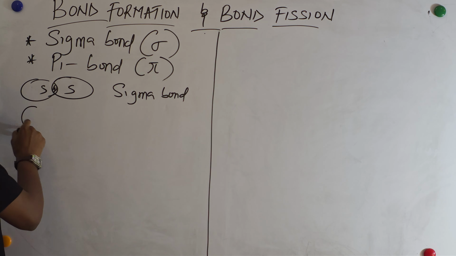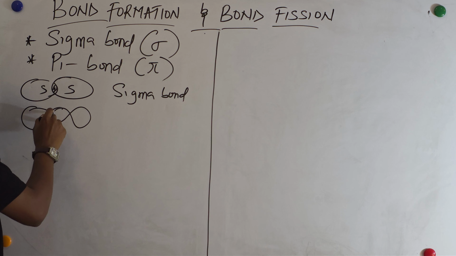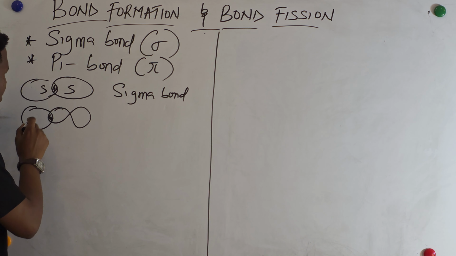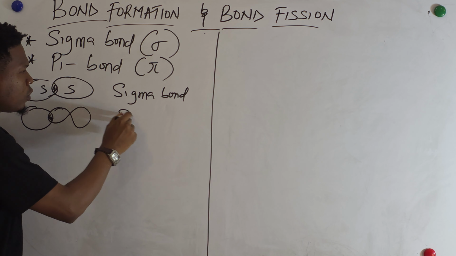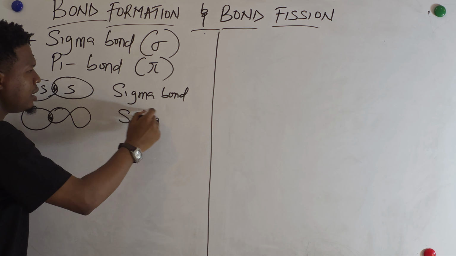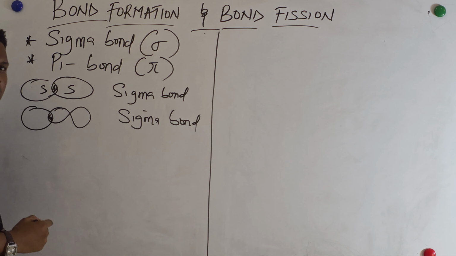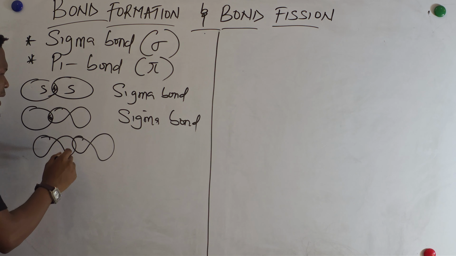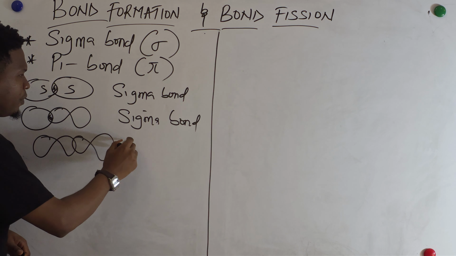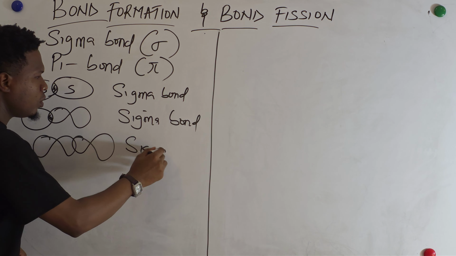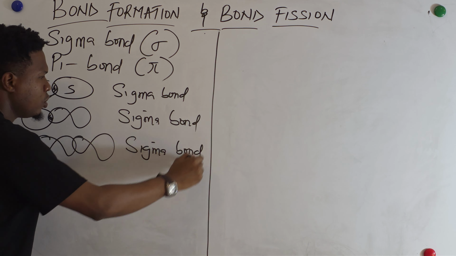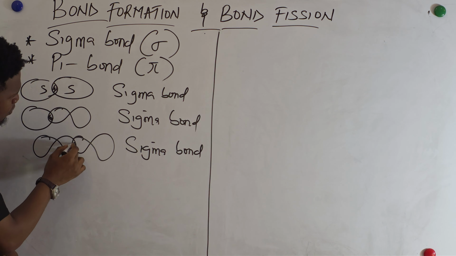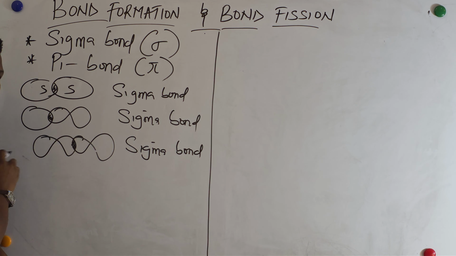Okay, so also when this s orbital overlaps with a p orbital, remember this is s, this is p, the bond formed here is also a sigma bond. Now, when two p orbitals overlap linearly, the bond formed here is also a sigma bond. So when we look at this point of overlap between these two p orbitals, the bond here is a sigma bond.